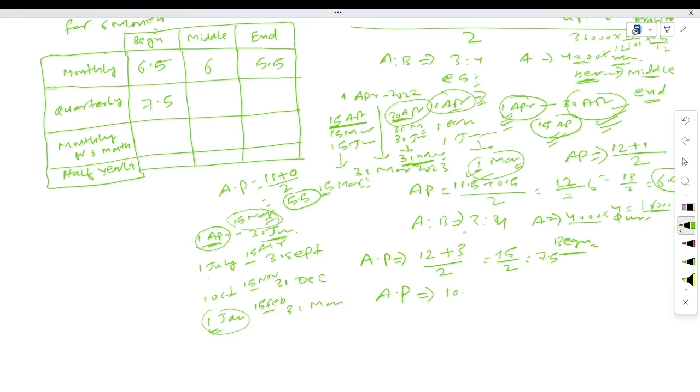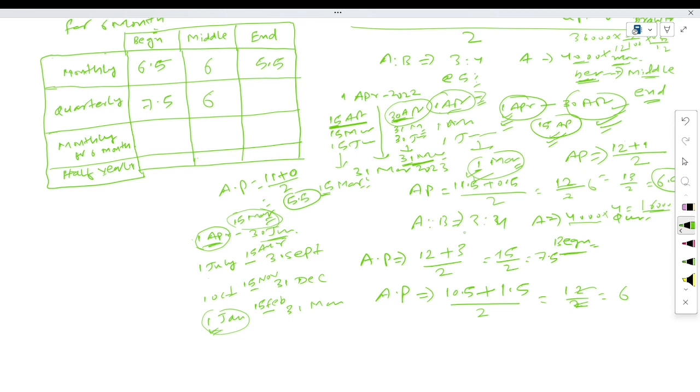It means 10.5 months plus months left after last drawing. Last drawing is happening when? 15th February. It means 1.5 months will be left here, upon 2. 12 upon 2. It means the average period will be here 6.